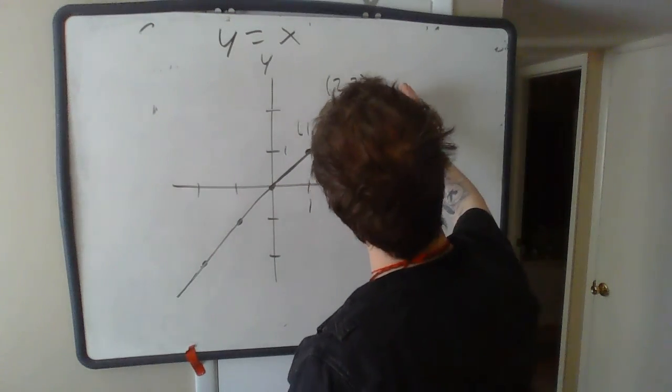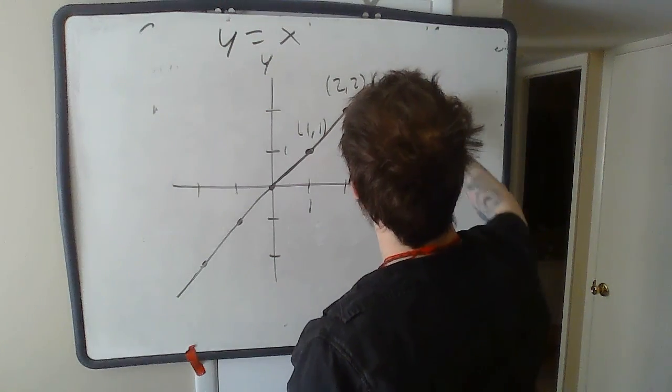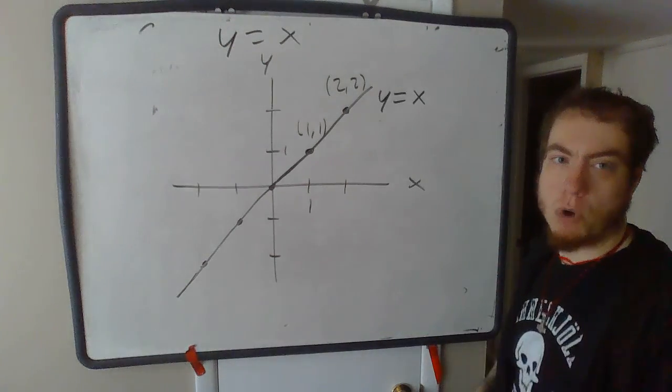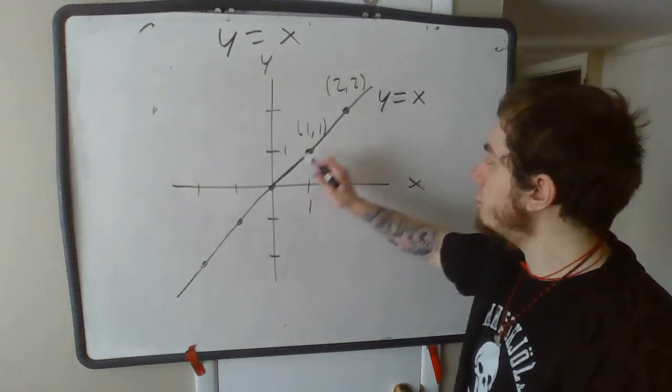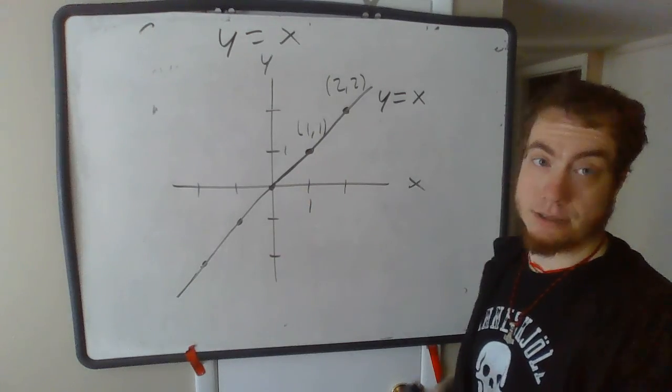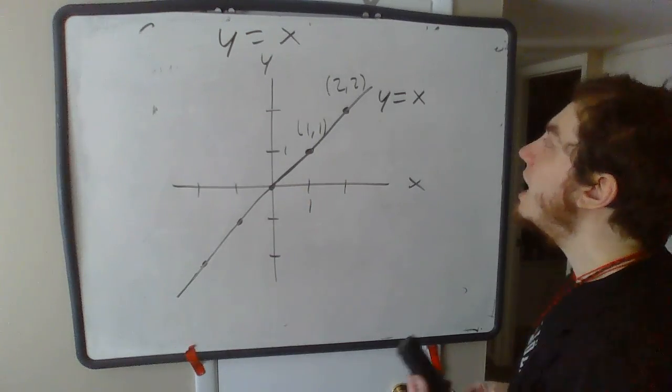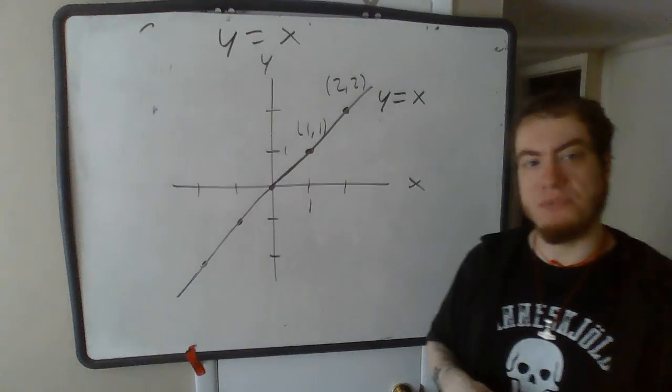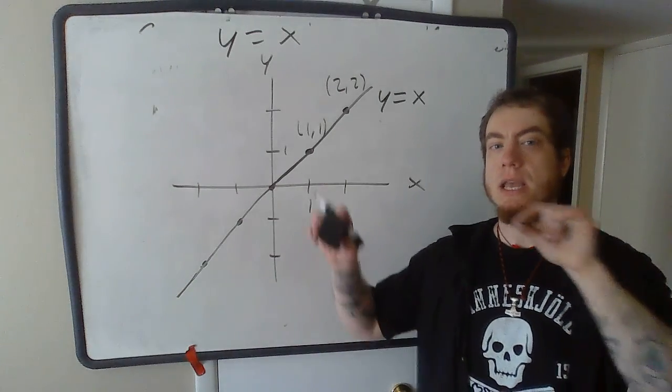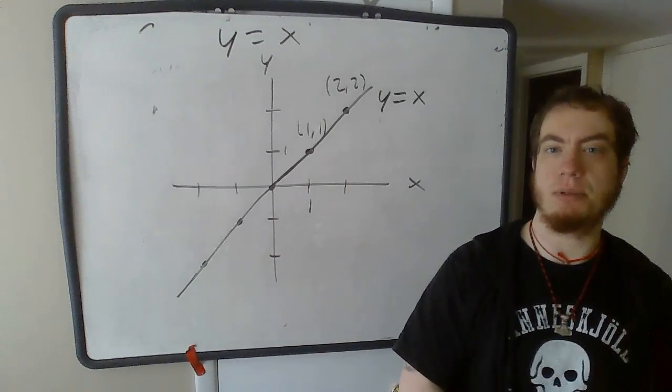So we label this shape in the plane with the equation y equals x, whose solutions are exactly this line. And in this way, we have this nice correspondence between equations and shapes in the plane.